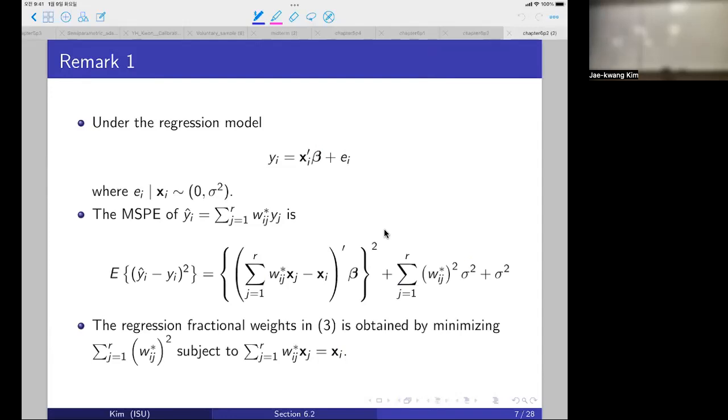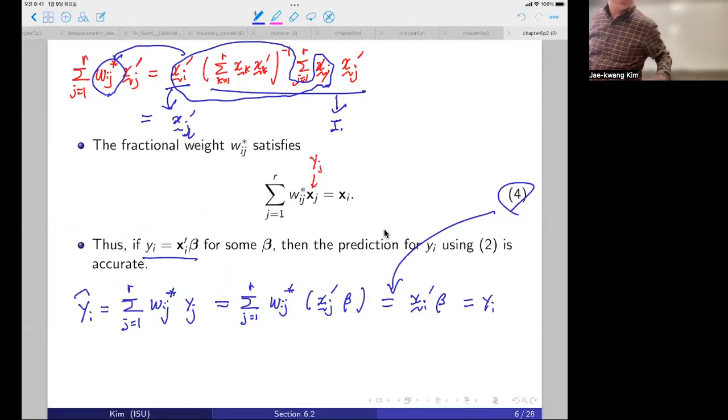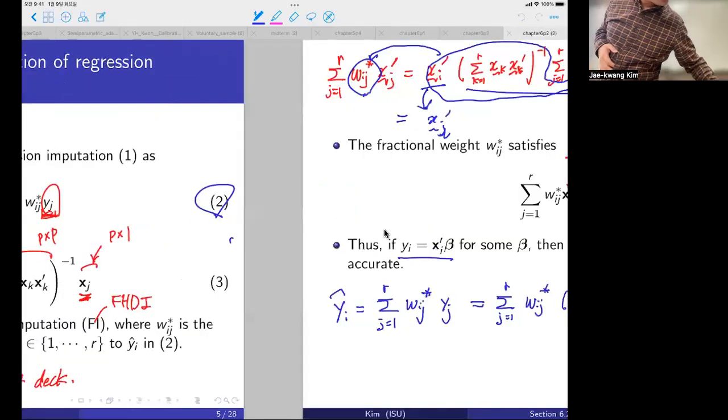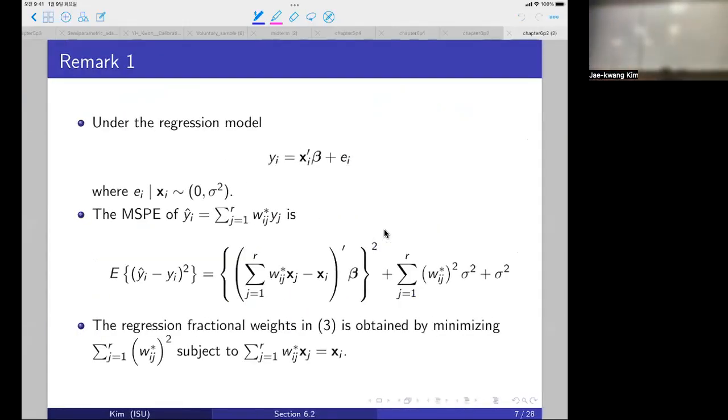It turns out that the regression fractional weights, the solution here, the form is actually the solution that minimizes this one, subject to its mean part being equal to 0.